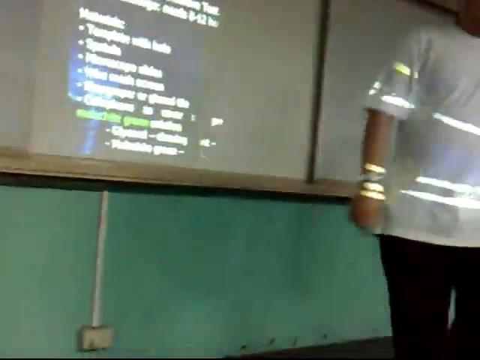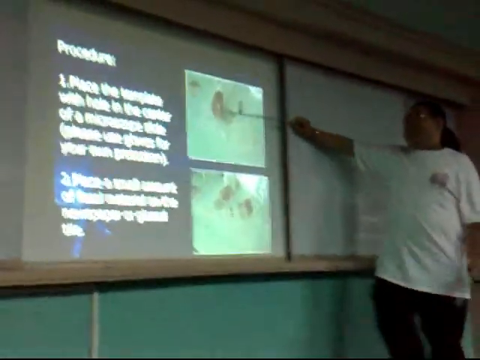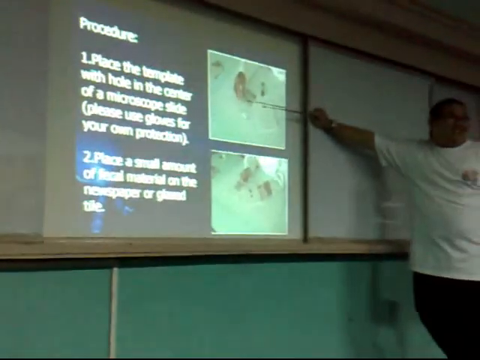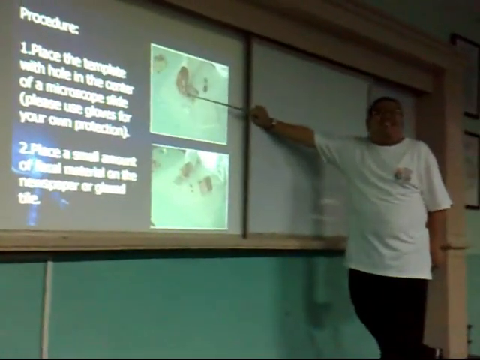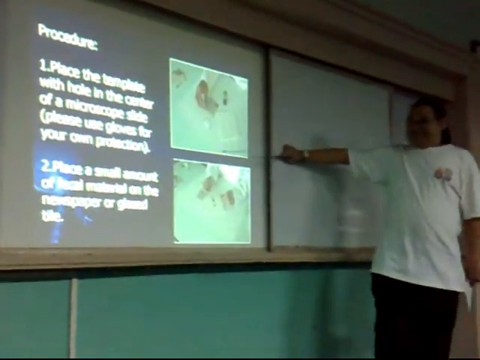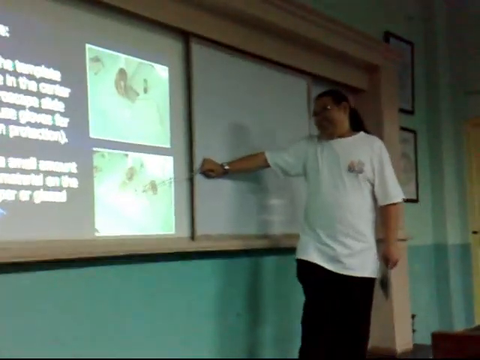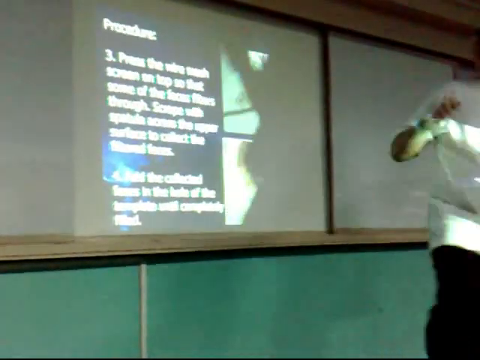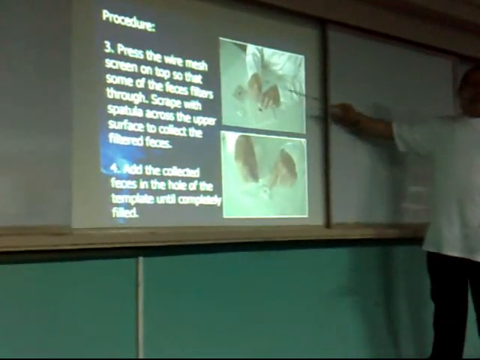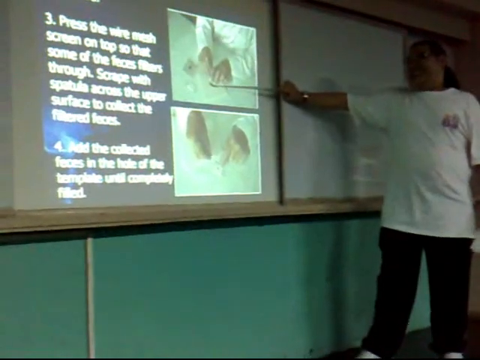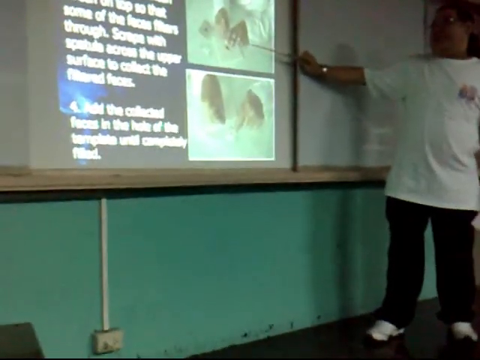So the procedure: first, you place the template with the hole in the center of a microscope slide. Please use gloves when holding this because remember you're dealing with pathogenic specimens. Place a small amount of fecal material on the tile. Then press the wire mesh, the screen, so that the feces will be filtered, and then you scrape this with the spatula.